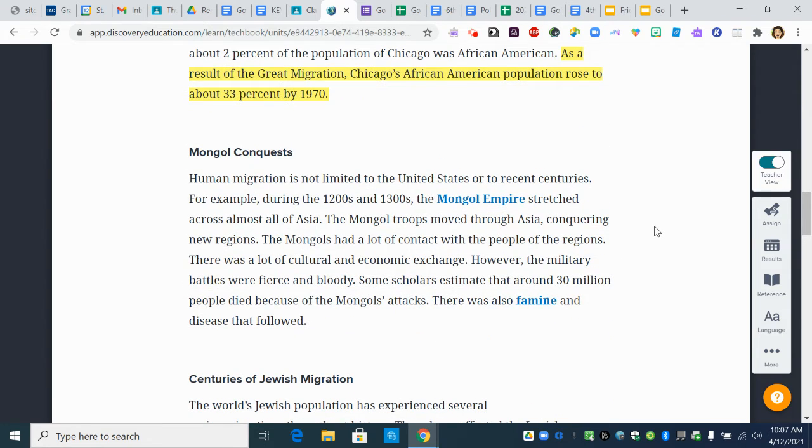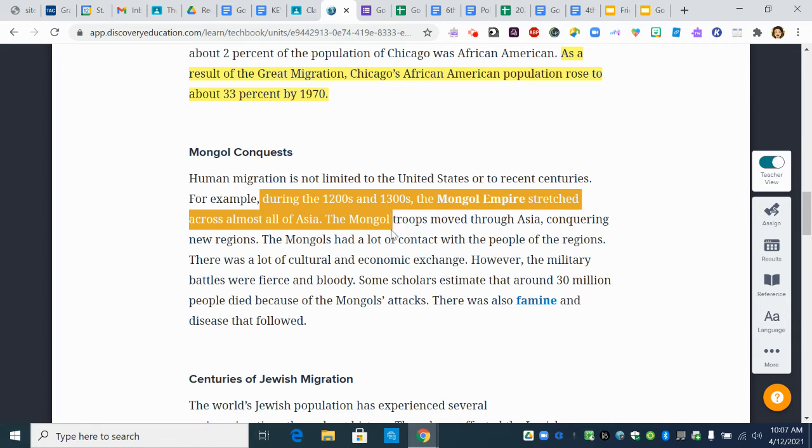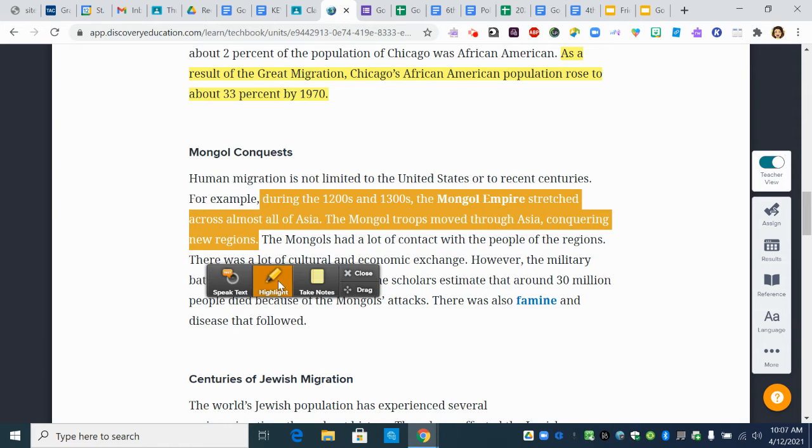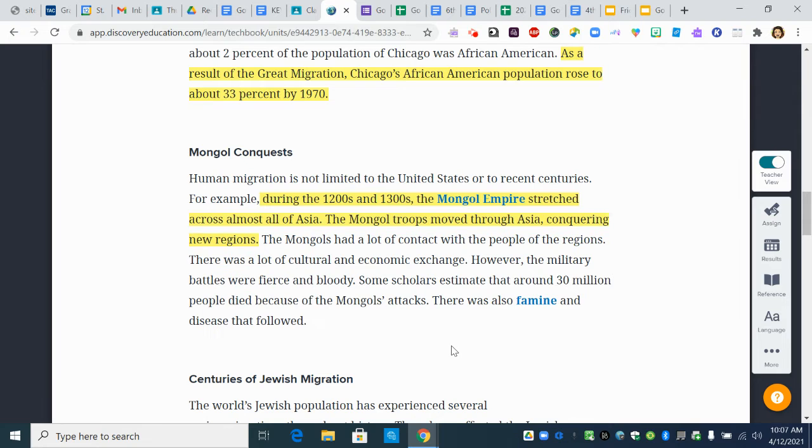Mongol conquests. Human migration is not limited to the United States or to recent centuries. For example, during the 1200s and 1300s, the Mongol Empire stretched across almost all of Asia. The Mongol troops moved through Asia, conquering new regions. The Mongols had a lot of contact with the people of the regions.